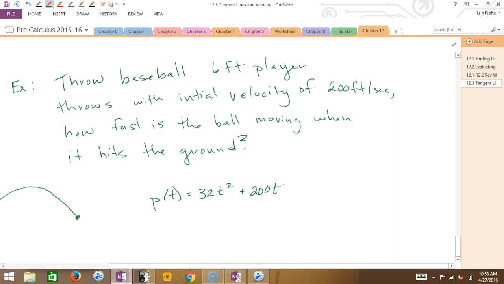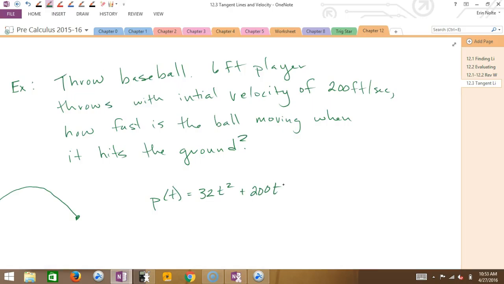Does everybody know that initial velocity, or velocity for that matter, can be positive and negative? What's the difference? Exactly. We're not talking about speeding up or slowing down. We're talking about the direction that the ball is moving. If I have a positive velocity, the ball is moving upward. If it has a negative velocity, the ball is moving downward.